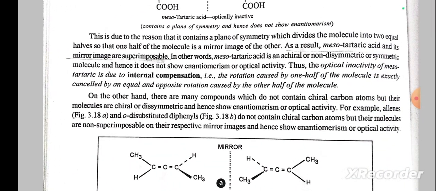This is due to the reason that it contains a plane of symmetry which divides the molecule into two equal halves, so that one half of the molecule is a mirror image of the other. As a result, meso-tartaric acid and its mirror image are superimposable. In other words, meso-tartaric acid is an achiral or non-dissymmetrical or symmetrical molecule.